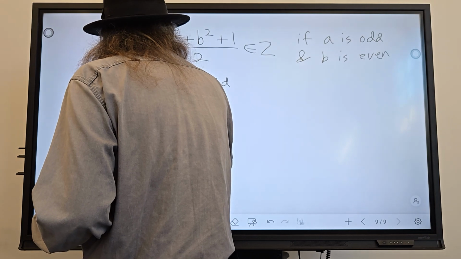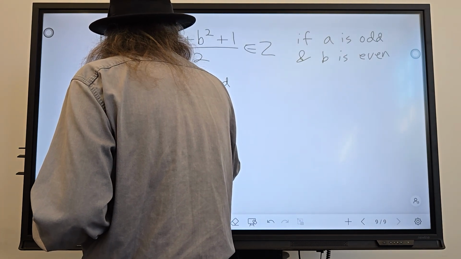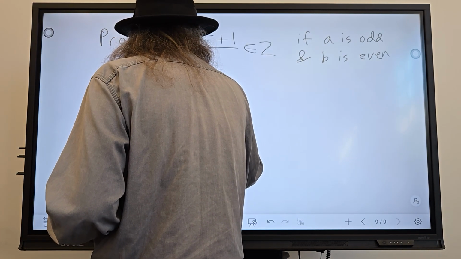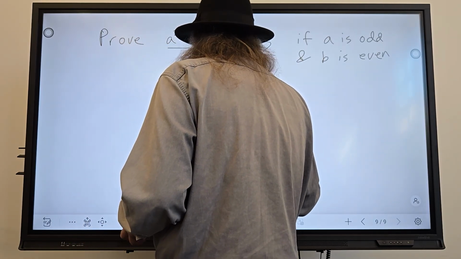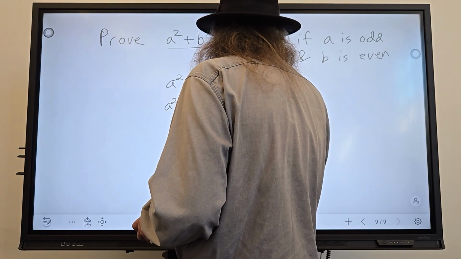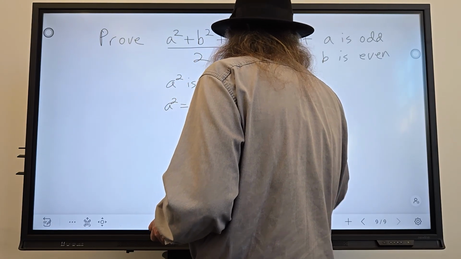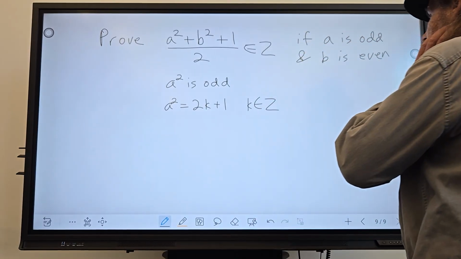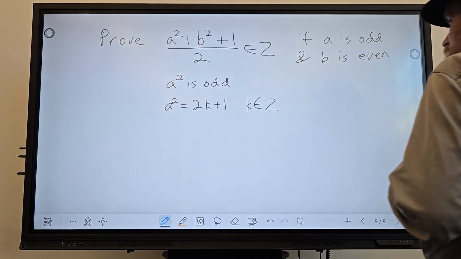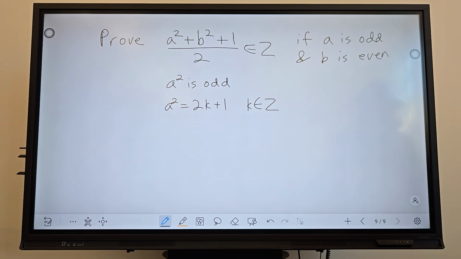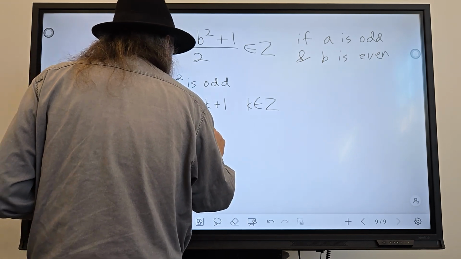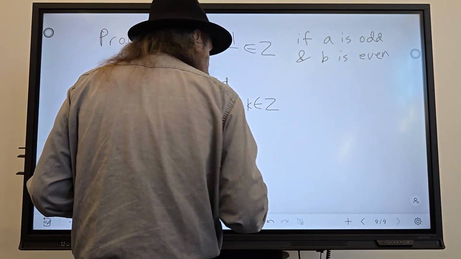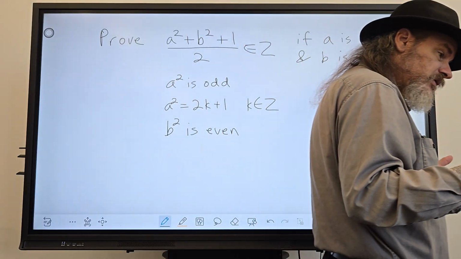Therefore, a squared equals 2k plus 1 for some k, an element of Z. And b squared is even because an even number times an even number is even.